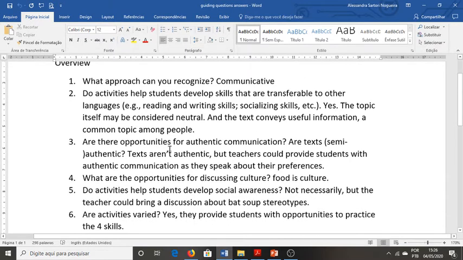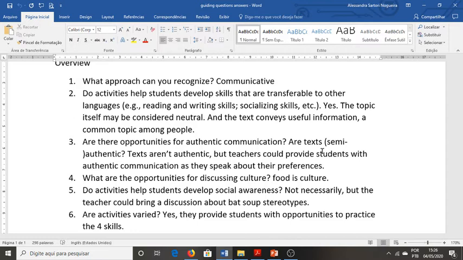Are there opportunities, question number 3, are there opportunities for authentic communication? Are texts semi-authentic? I wrote in parentheses "and authentic" because if you remember last class, authentic text is a text found in real situations.